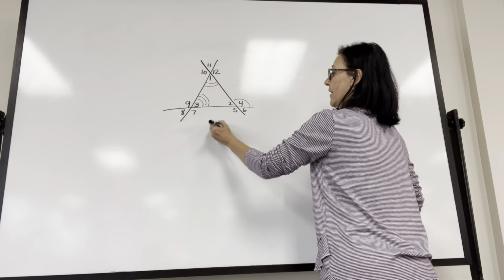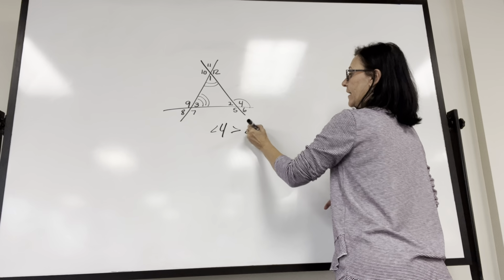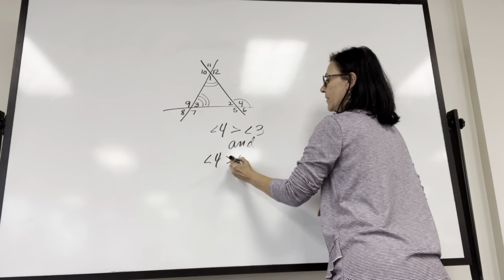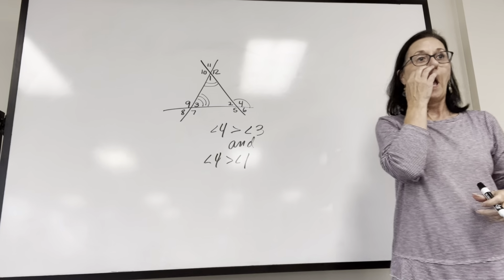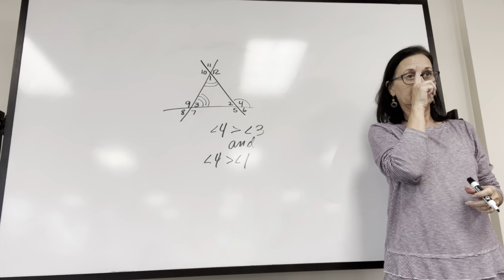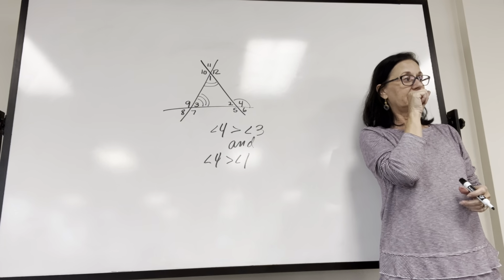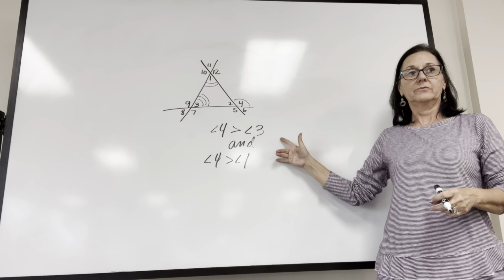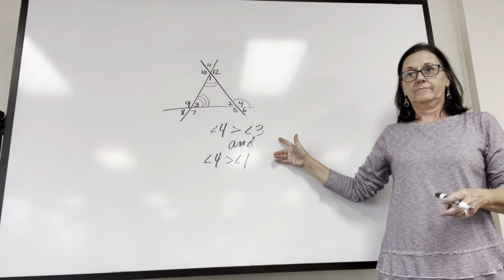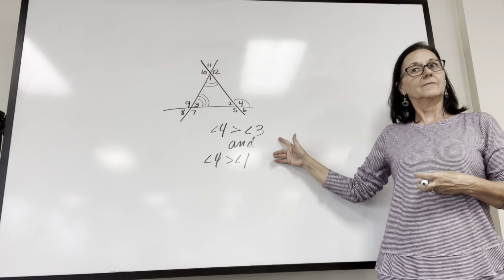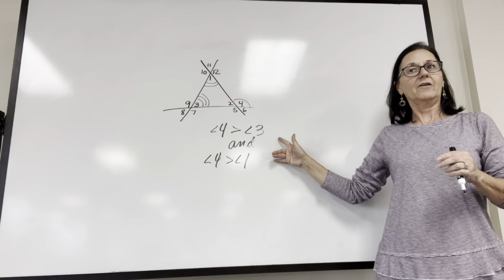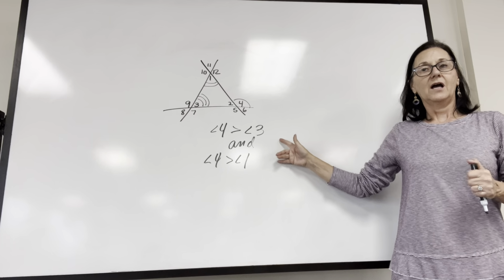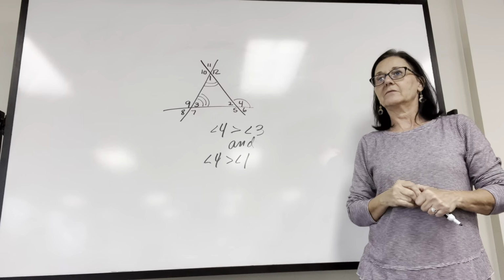That's right. So angle 4 would be greater than angle 3, and angle 4 would be greater than angle 1 because why? Do you remember the statement? Why is this true? You have it, Ari? I know you're looking for a specific statement. Use your words.